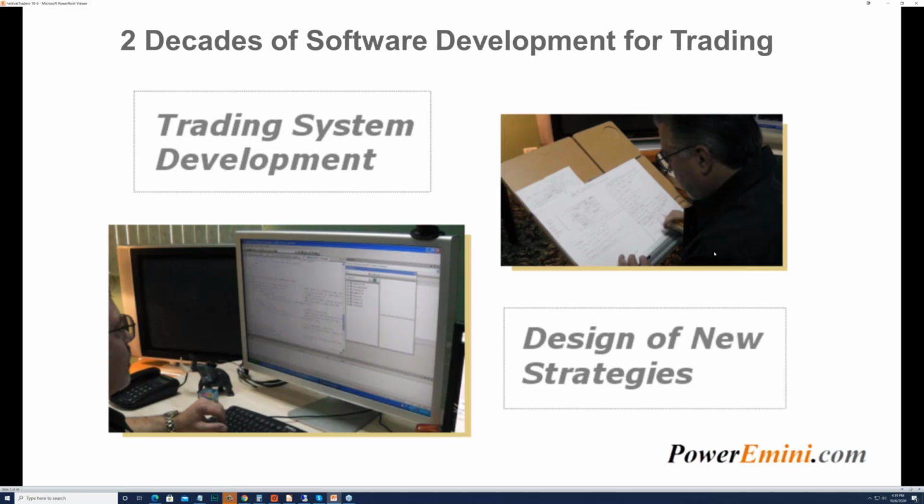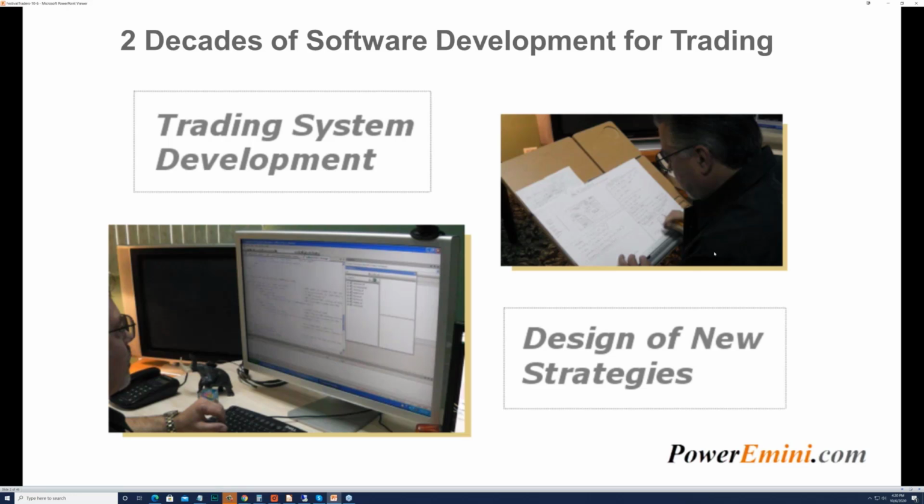And at one point I had my own software company with programmers. And I've always had a love for the market. So gradually I shifted my skills over to researching, analyzing, and developing systems and strategies for the markets. So I've got 2 decades of just software development for trading systems under my belt.